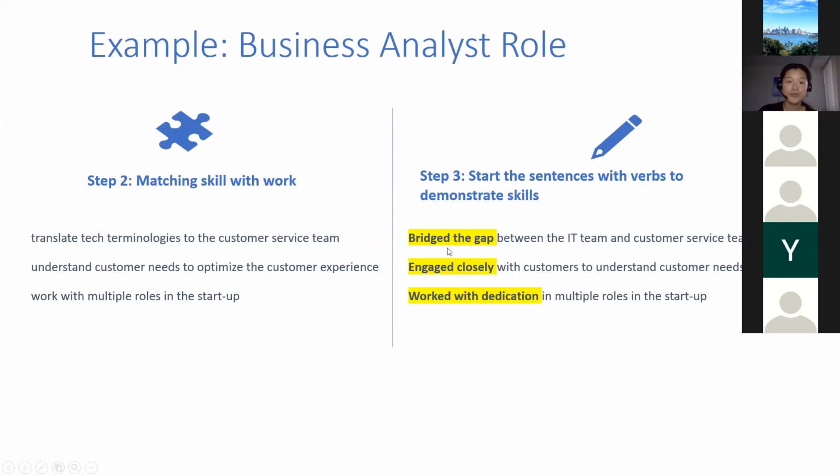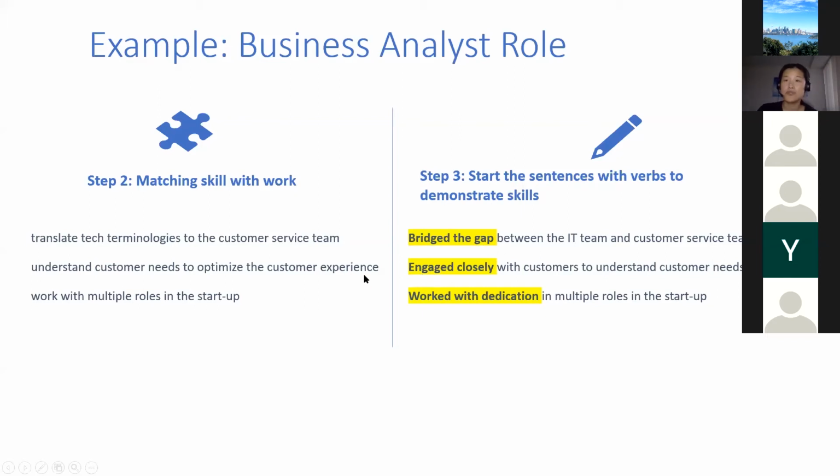I chose to use the words bridge the gap between the IT team and customer service team. So when the HR reads this, they can immediately grab the information. Bridge the gap. You probably are good at communicating. You are working with multiple teams. So these are words you need to find and use to start the sentence.